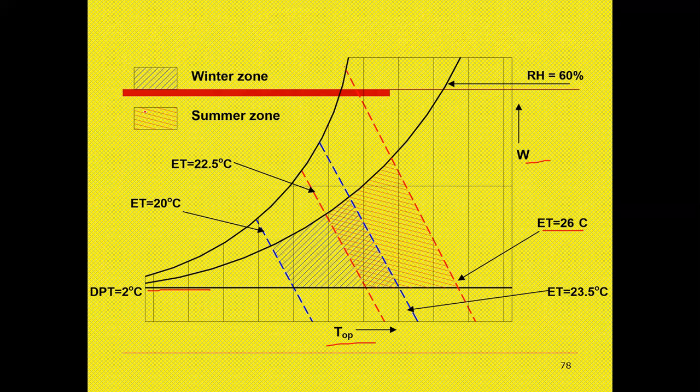The winter zone is shown in the blue color portion, 20 to 22.5 degrees centigrade, and the summer zone is beyond 22.5 degrees. The red color portion shows the summer zone, which is beyond 22.5 and up to 26 degrees centigrade. That is this graph.